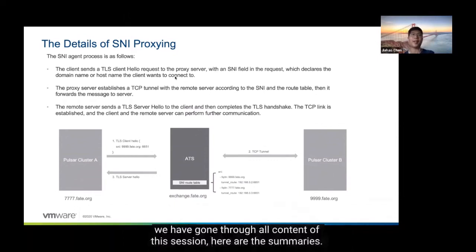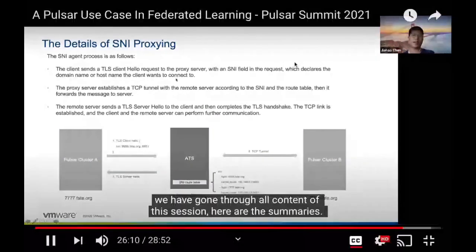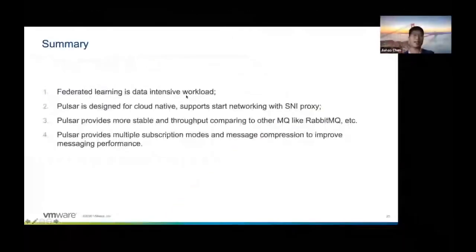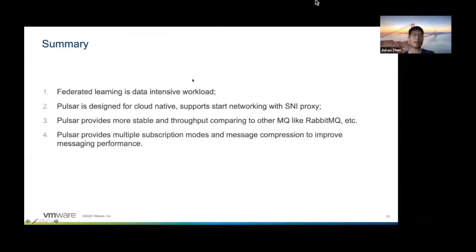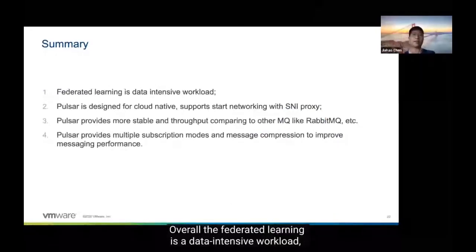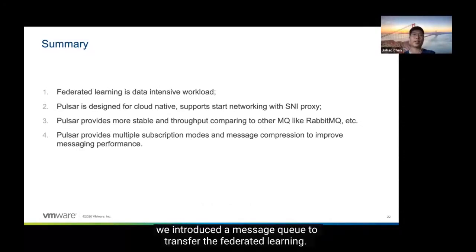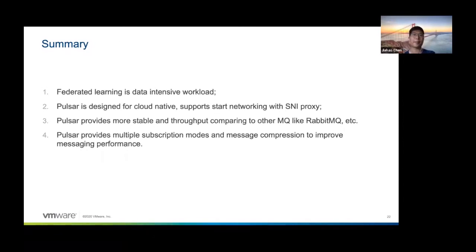Okay, we have gone through all the content of this section. Here are some summaries. So overall, federated learning is a data-intensive workload. We introduce a message queue to transfer the data in federated learning.